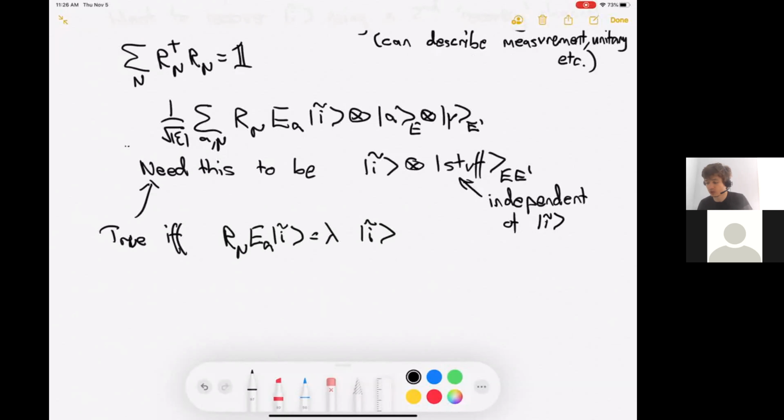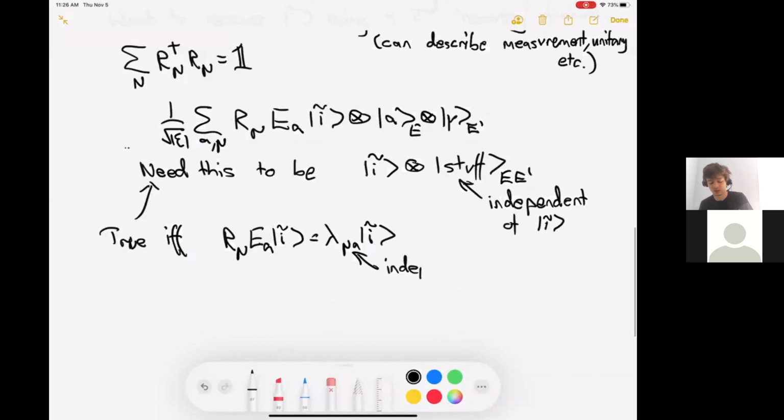So it's something proportional to I tilde, but also we need these lambda coefficients to be independent of I.